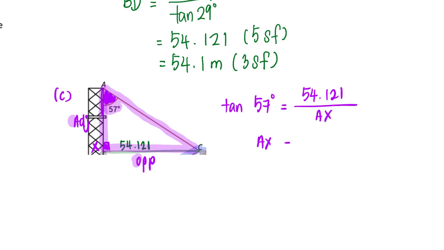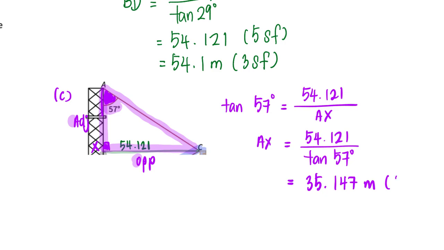So the length of AX would then be, after I did my algebraic manipulation, this, which will be equal to 35.147 meters for 5 significant figures.